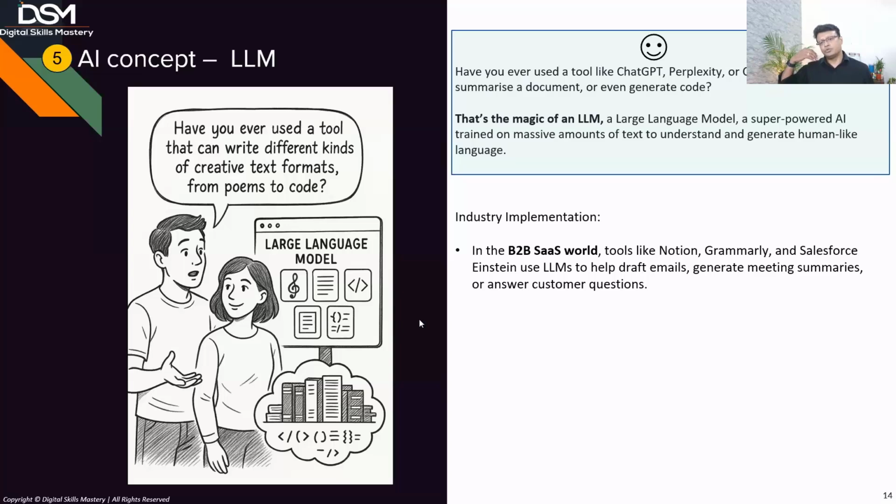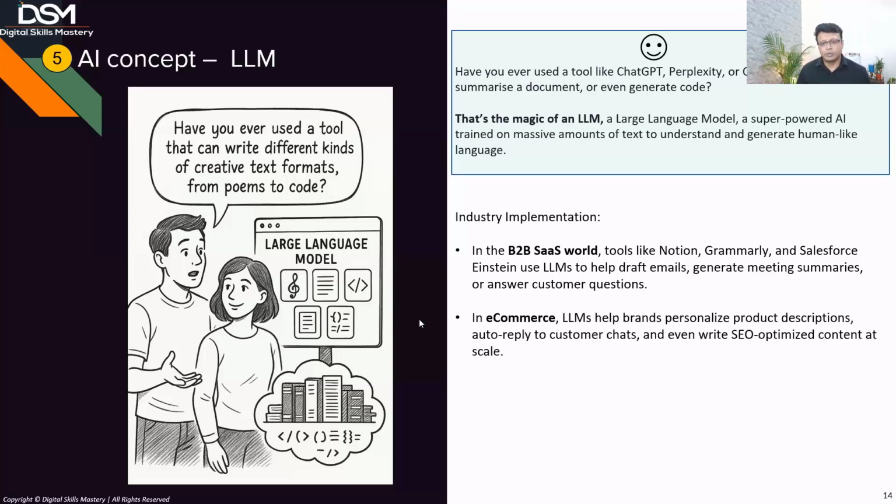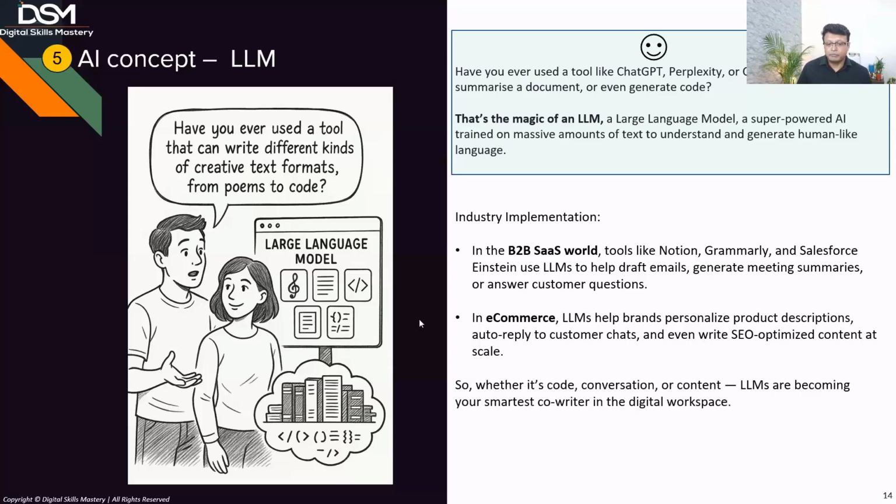They help to draft emails, generate meeting summaries, or even answer customer questions. In e-commerce, they help personalize product descriptions, reply to customer chats, and even write SEO-optimized content at scale. And whether it's code, conversation, or content, LLMs are bringing you the smartest co-writer in your digital workspace, a great teammate, a great research assistant, thanks to LLMs.